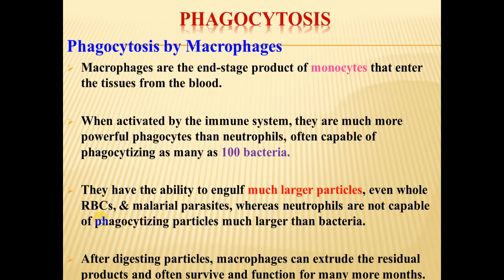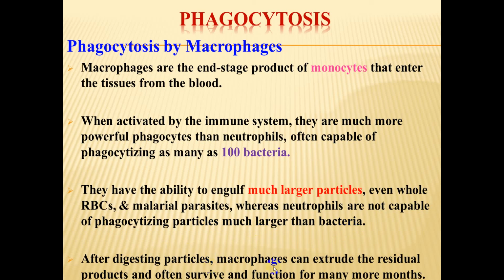Because of the size of the macrophage compared with the neutrophil, it is able to engulf larger particles than those engulfed by neutrophils. Malaria parasites can also be phagocytized by macrophages. Larger foreign bodies, bigger than bacteria, since bacteria are usually the specialty of neutrophils.